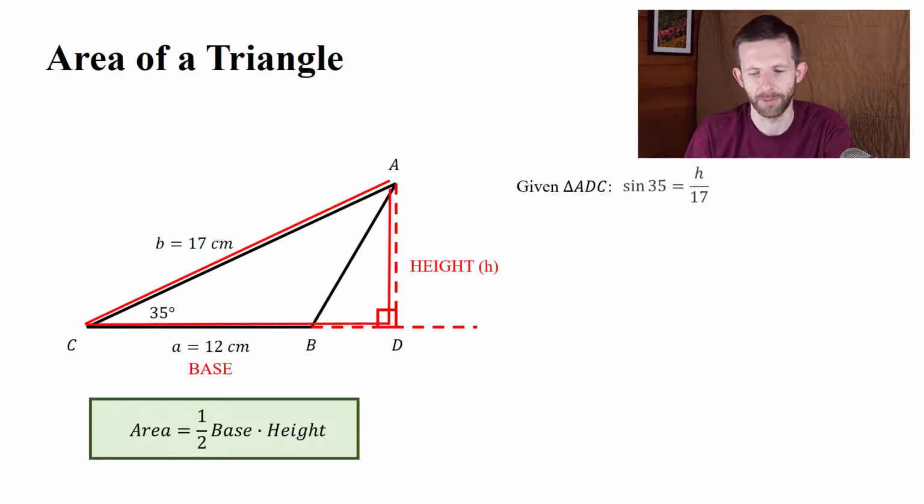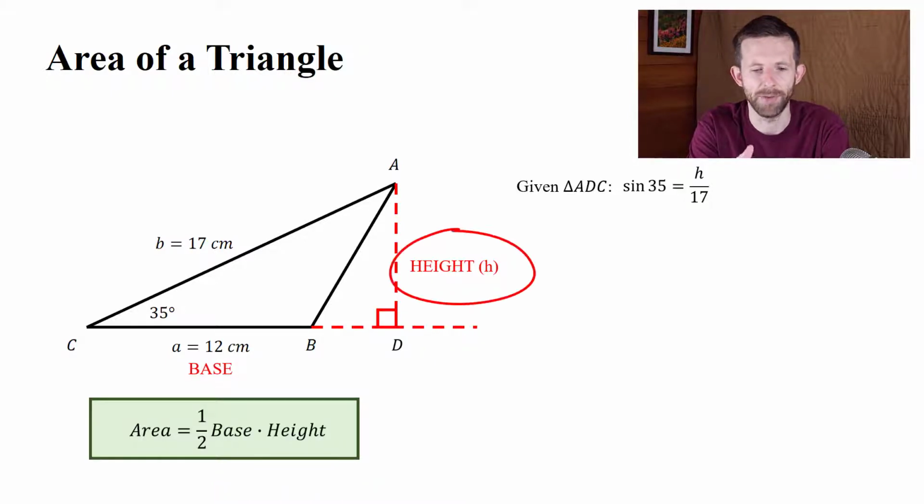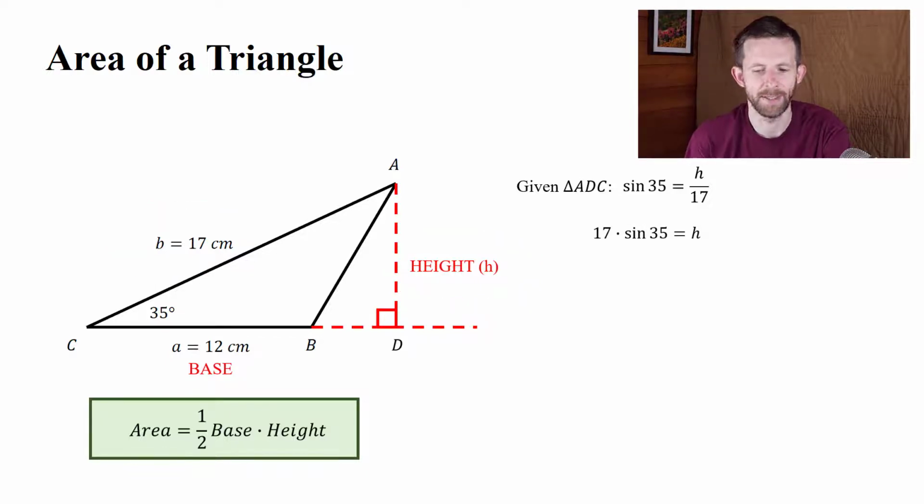So in that extended triangle, the sine of 35 degrees is opposite, which is h, over hypotenuse, which is 17. I can solve for h and get 17 times the sine of 35 is h. Now, I'm going to go ahead and use my original formula for the area of a triangle, 1/2 base times the height.